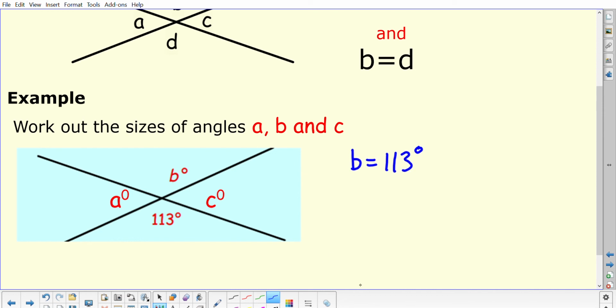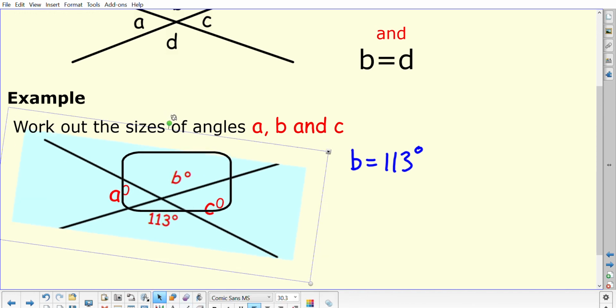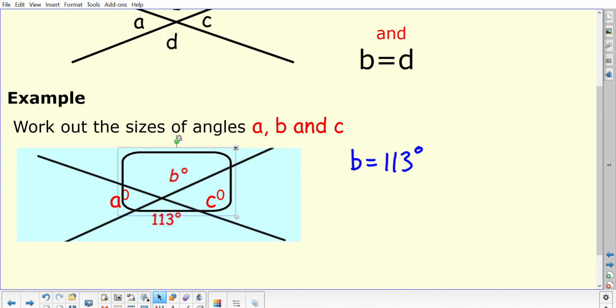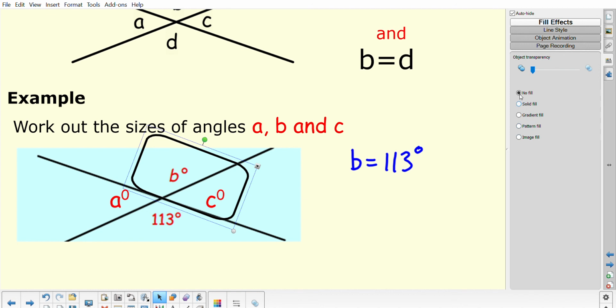To work out the missing angle, if you think about what we know about the straight line, so if we sort of covered up this bit of the diagram and just said we will ignore that part of the diagram, just fill it in so you can see it doesn't affect the size of the angle that we're looking at.